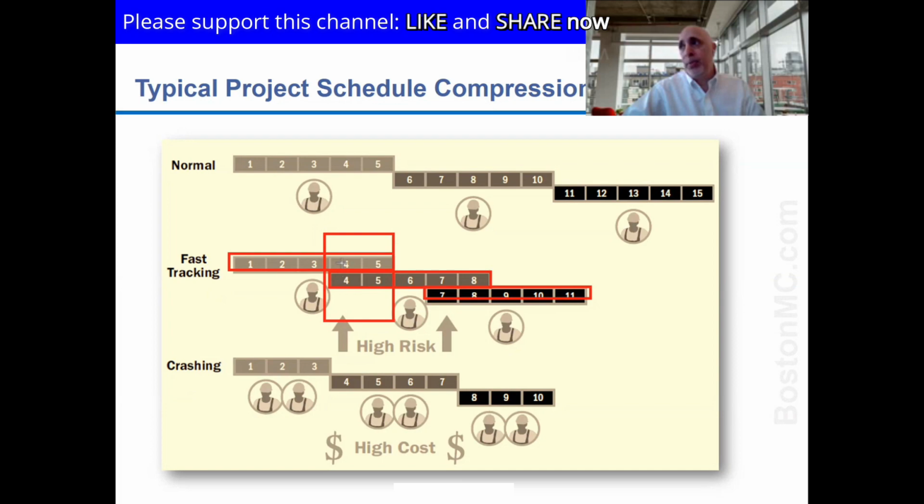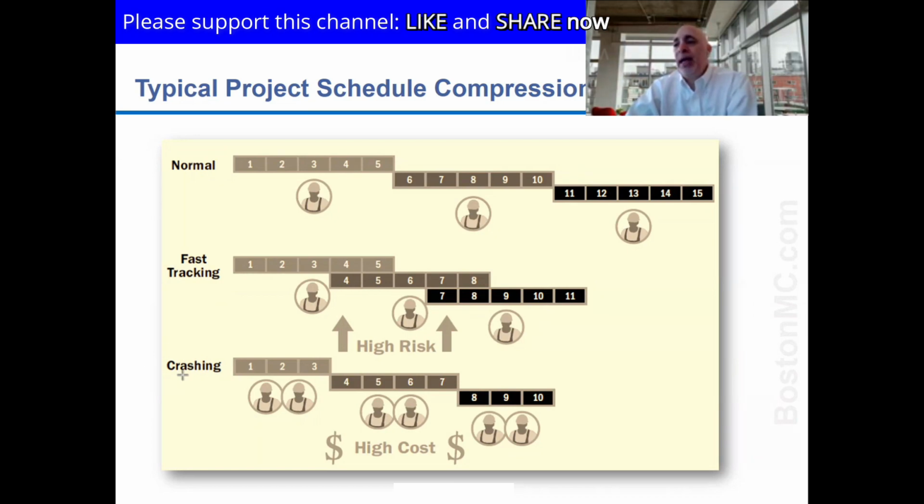There's one person doing this set above, another person doing the second set. It's not going to be the same person. I'm overlapping, but I'm paying for this and I'm also paying for that one. So in total, I'm still paying for 15 man days, but it is only taking 11 days because these activities overlap. So we say that fast tracking will speed up the project, but it will increase the risk.